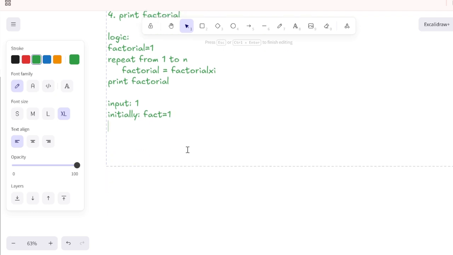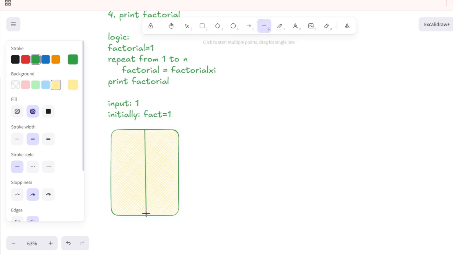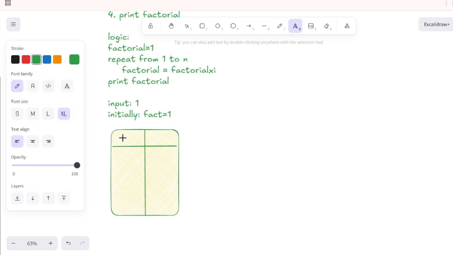So here we have i, here we have fact, right?